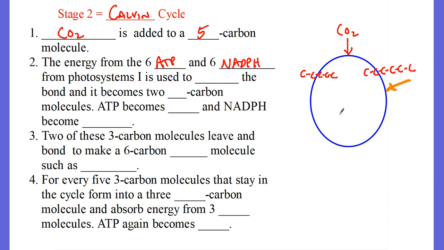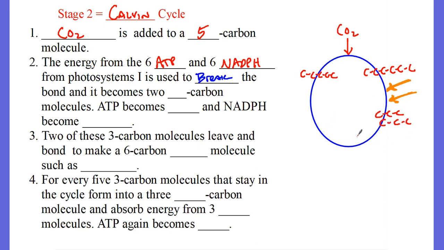It's breaking the bonds. So I have ATP coming in. I have NADPH coming in, and these are coming in from stage 1, and it's used to break the bonds, doesn't it? Because we need energy to break the bonds. And so this 6 carbon molecule now becomes 2 3 carbon molecules.